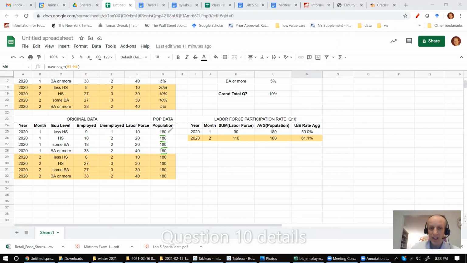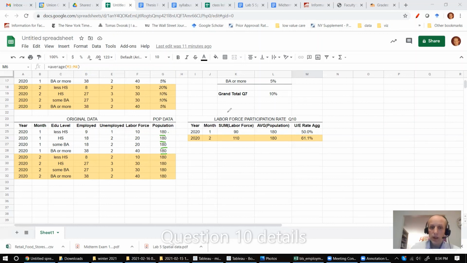So population gets duplicated across all the values that match the year 2020. And 2019, if the population in 2019 is different, that's when that number is going to change.